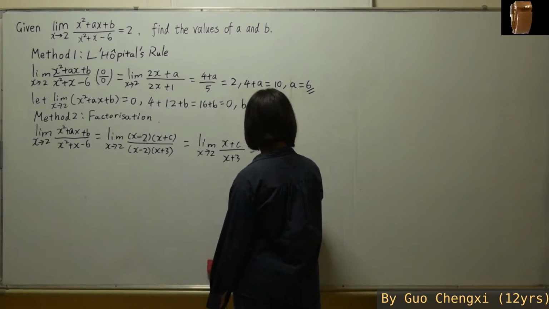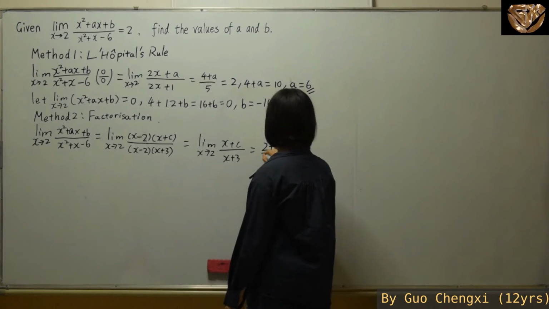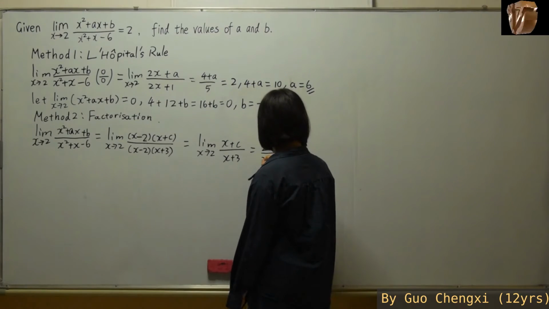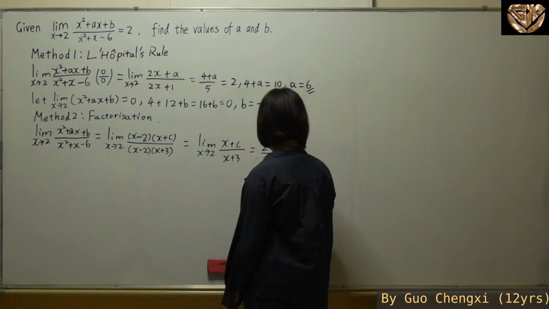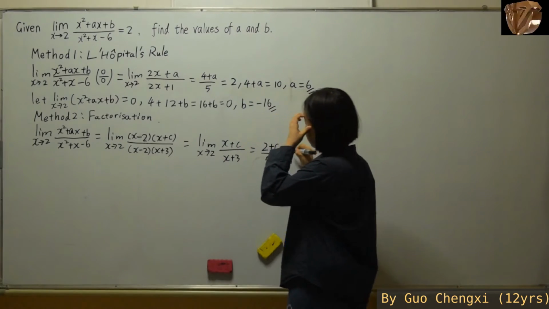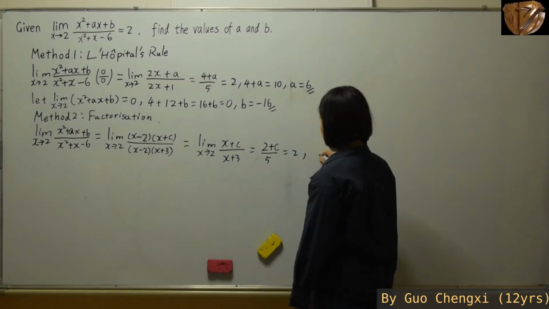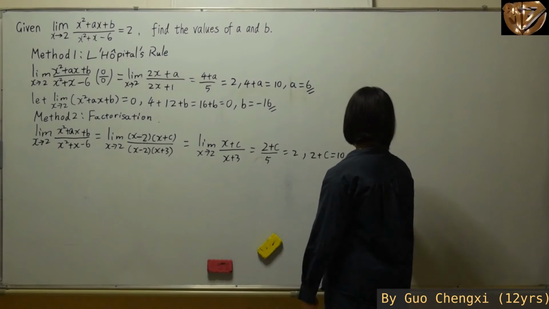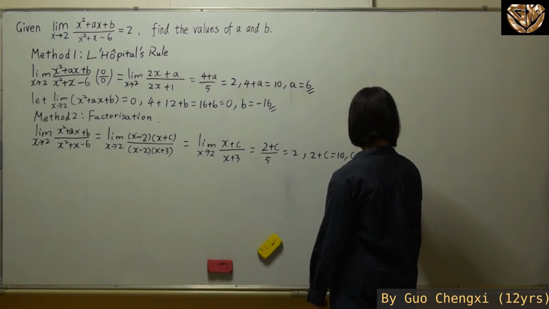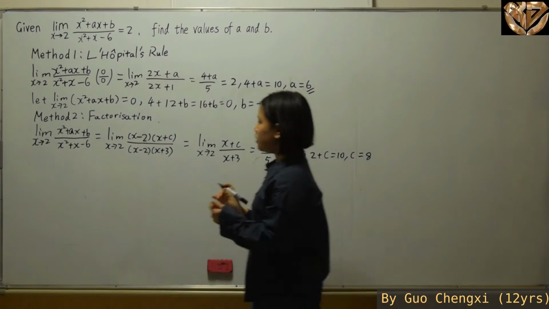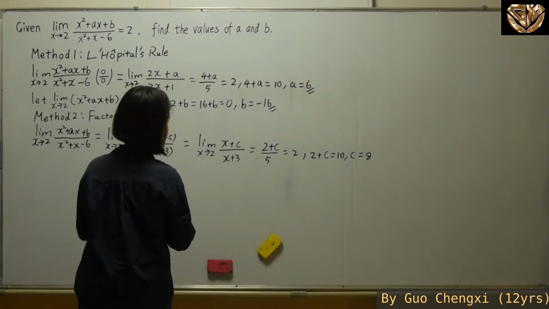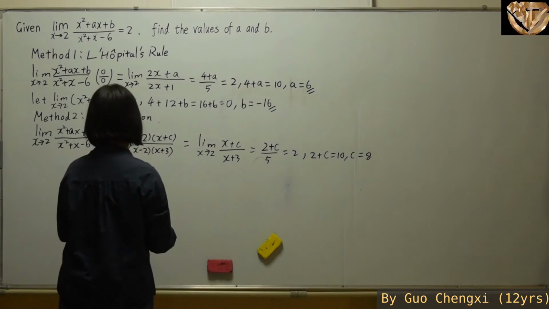So here you'll be left with 2 plus c over 5, and this will equal 2. You multiply, you get 10, so 2 plus c is equal to 10, thus c is equal to 8.